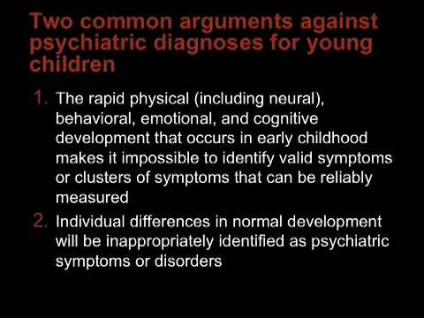The other argument, and this is a concern about overdiagnosis and labeling, is that we're going to diagnose very young children with disorders when they're just showing normal developmental behavior for their age.